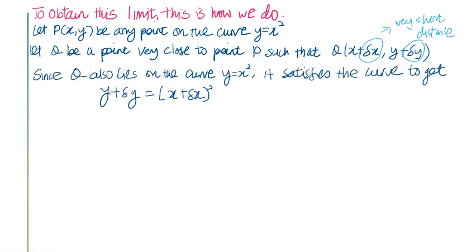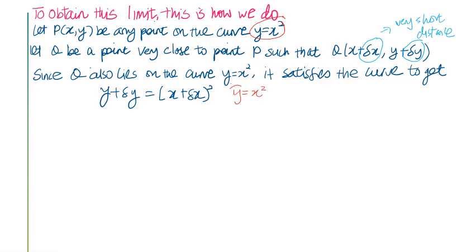So we're going to substitute x plus delta x into the equation y equals x squared. You're going to substitute this point into this curve here. That means my y coordinate has become y plus delta y. Originally, the equation of the curve is y equals x squared, isn't it?